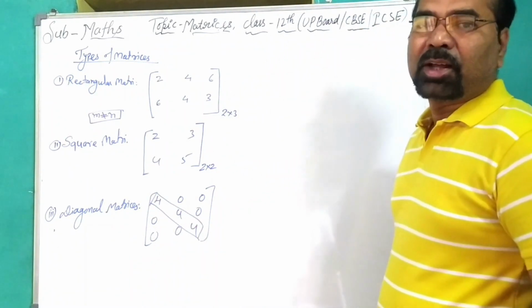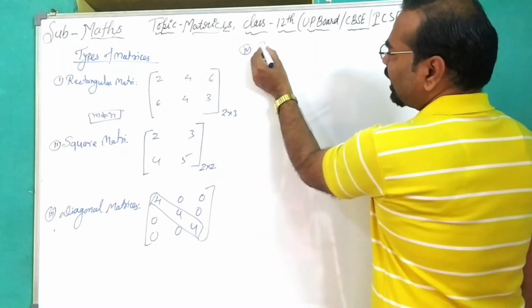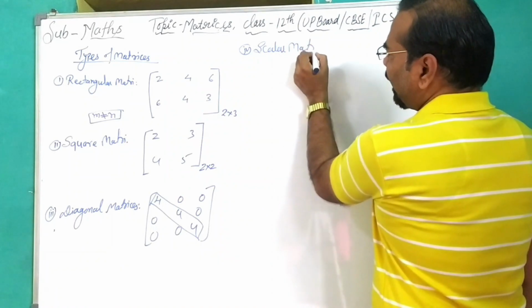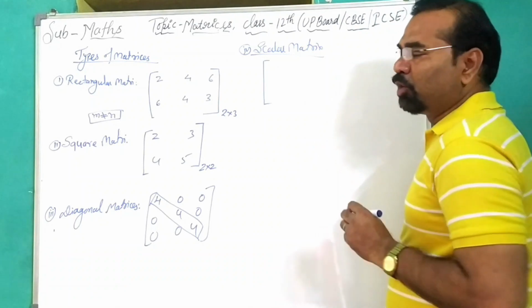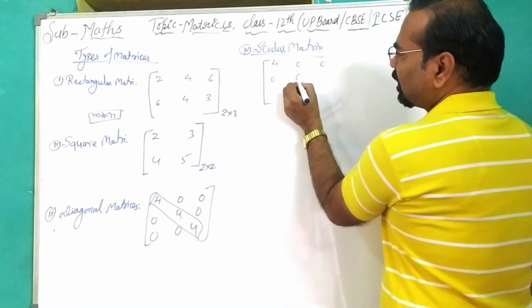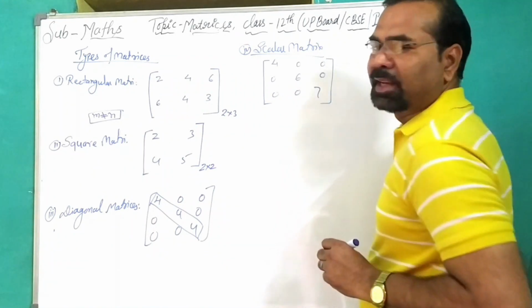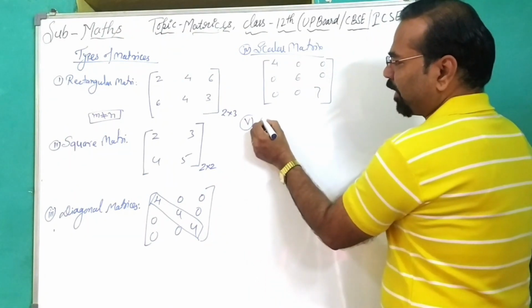That is called a diagonal matrix. Next, the fourth is a scalar matrix. A scalar matrix is one whose diagonal values are different and the rest of the elements are 0, that is called a scalar matrix.